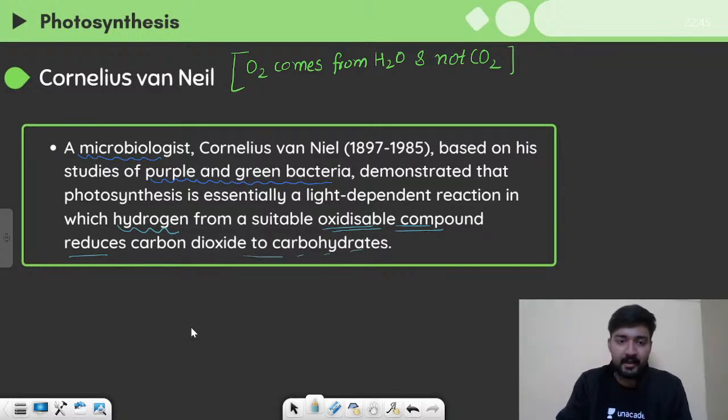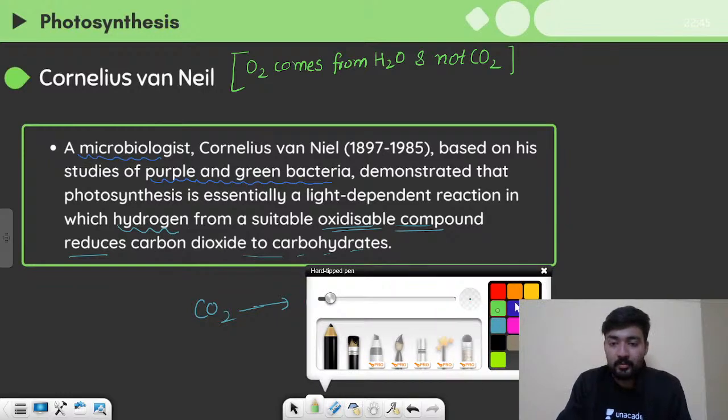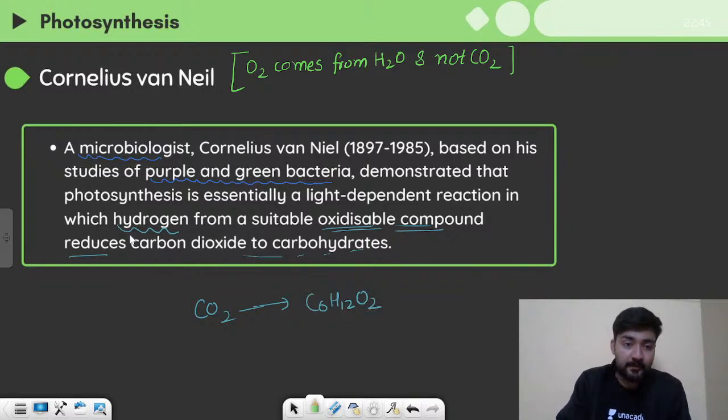So it is basically saying that CO2 will convert to carbohydrates, C6H12O6, let's say glucose. Now it is a form of reduction, and for this reduction plants use a suitable hydrogen donor, right? So this hydrogen reduces this particular CO2 into glucose, and this hydrogen can come from any suitable donor, right?